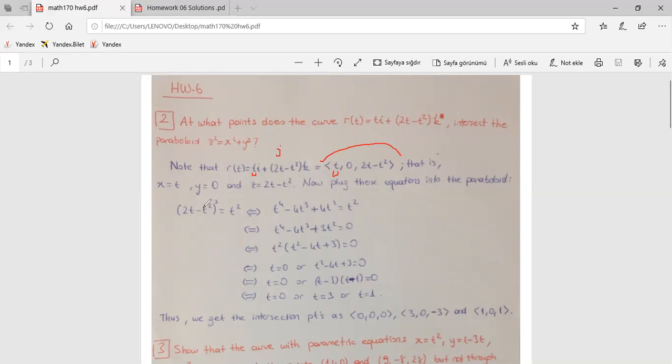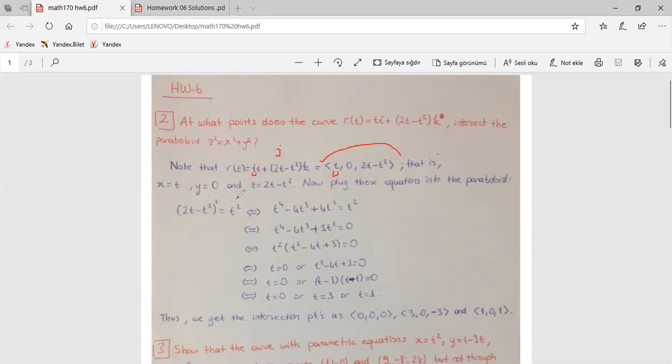So let's plug these equations of x, y, and z into this paraboloid. Now we have z equals 2t minus t squared. We have (2t minus t squared) to the 2 as in this equation. And as x equals t, we have t squared plus y squared, which is 0.